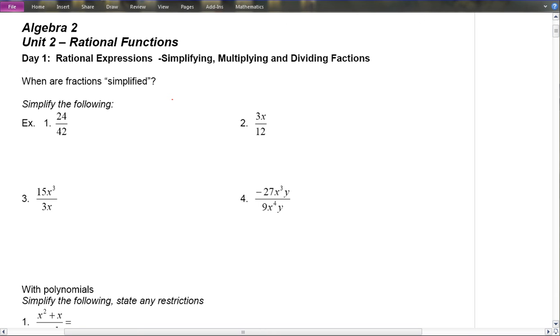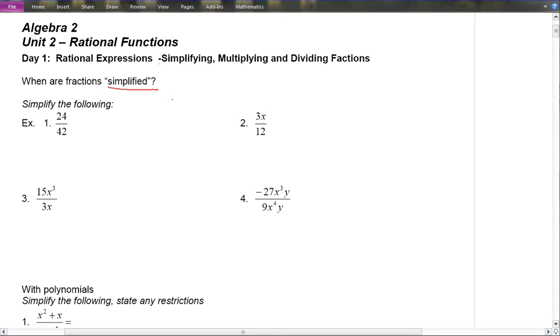When we were working through last chapter and saw the word simplified, I told you to make sure that everything is added together, all your like terms subtracted, multiplied, divided, make sure you combine all your like terms, make sure there's nothing left you can do. For this, we're also talking about simplified, but now we think about when fractions are simplified.